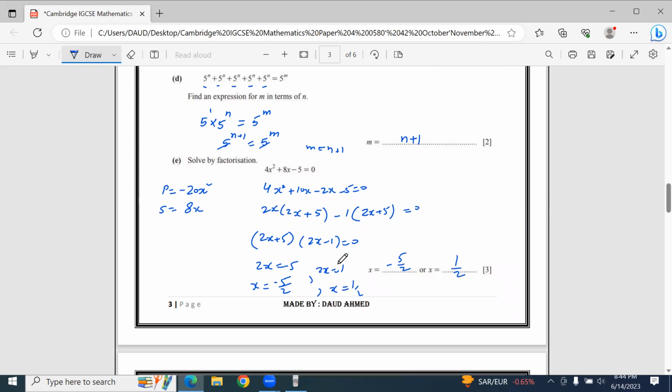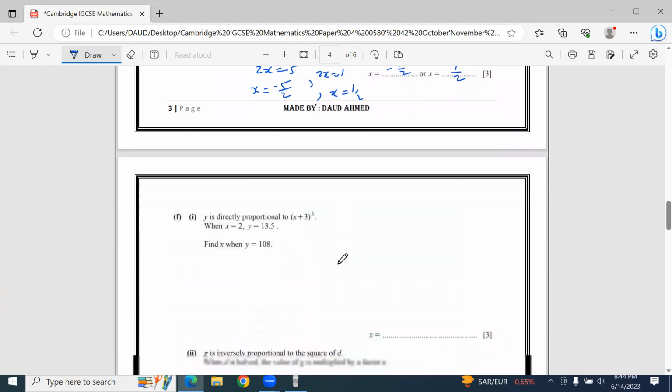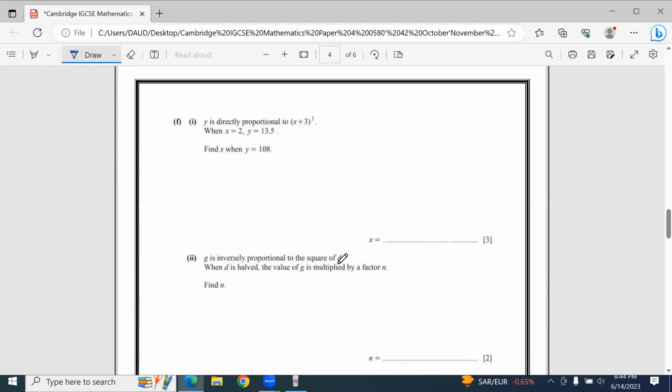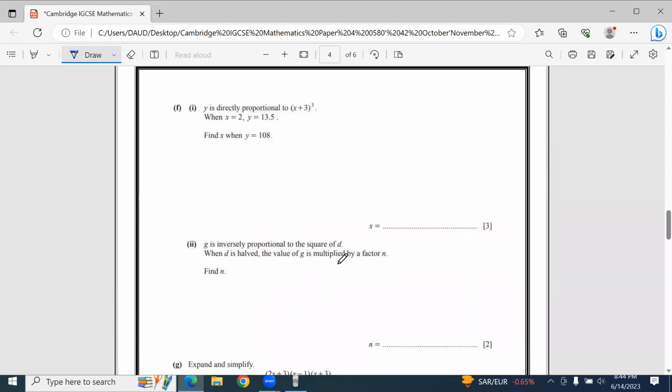We move on next. Next is related to directly proportional and inversely proportional. So when y is directly proportional to (x plus 3) whole cube, we can say that y is equal to k (x plus 3) whole cube.